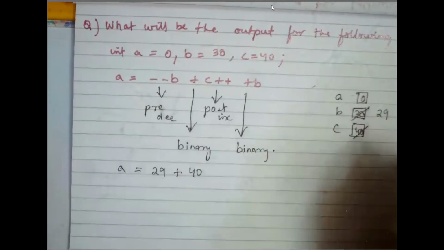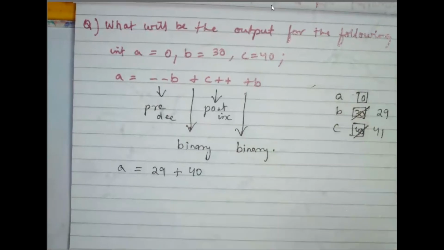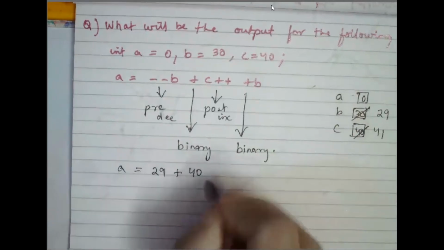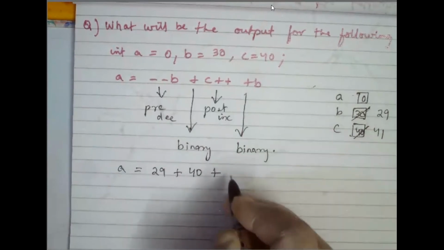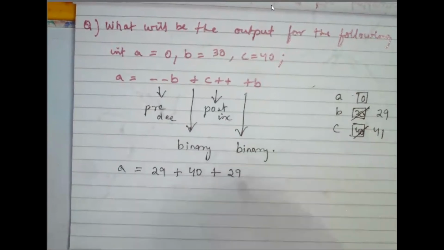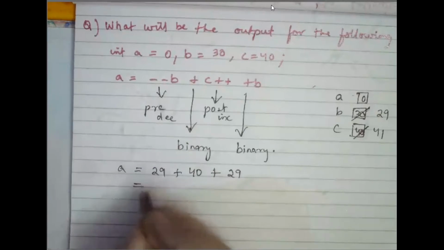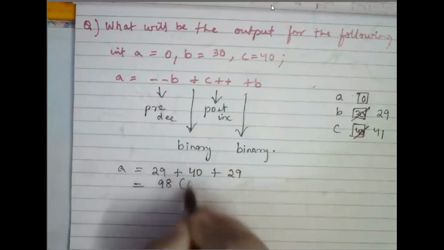Later on I'll change it to 41, but 41 is of no use because I have already used the previous value. Plus the last value of B that I have right now is 29. So when I add the values, 98 will be my answer.